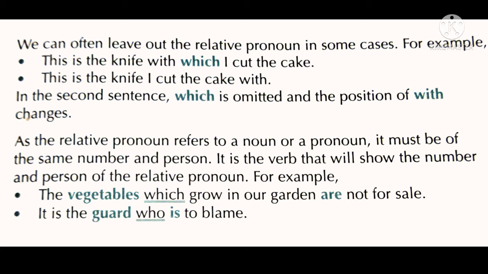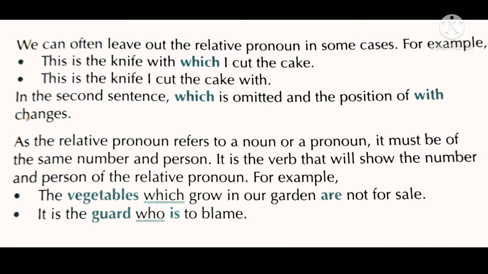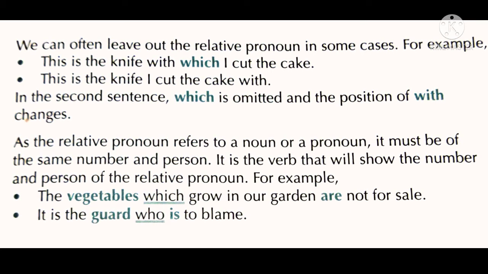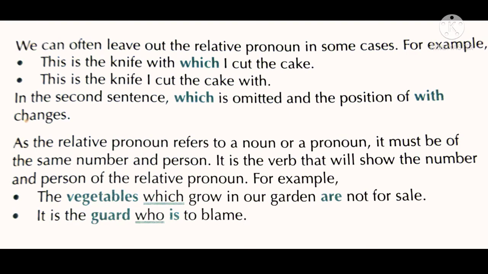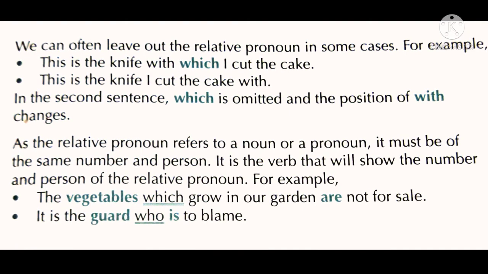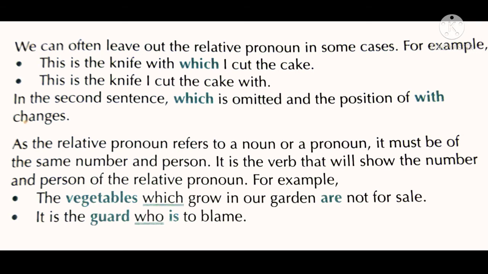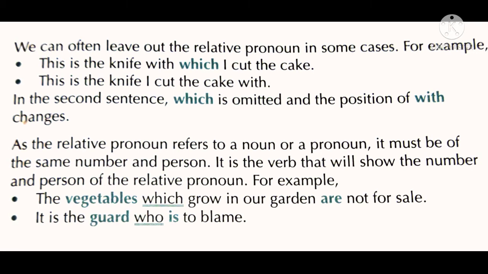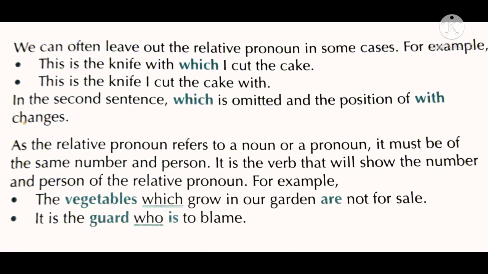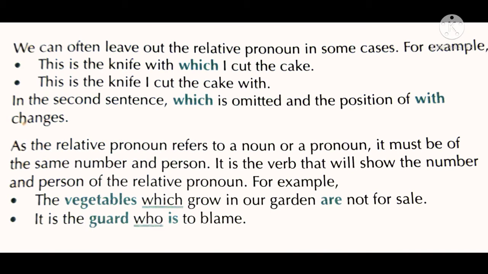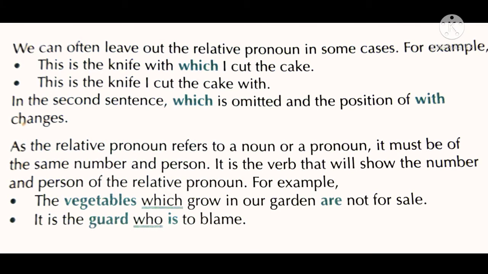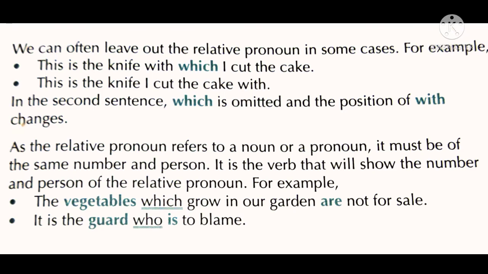It is the guard who is to blame. In these two sentences, you can notice that the relative pronoun refers to a noun or a pronoun and must be of the same number and person. It is the verb only that will show the number and person of the relative pronoun.